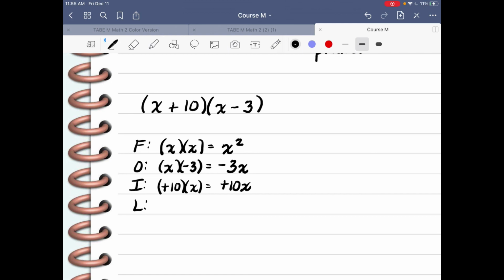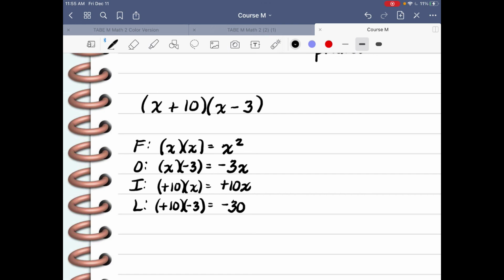And then the last terms, you have 10 and negative 3, plus 10 times negative 3, and you can use your calculator to do those negatives if you need to, but positive 10 times negative 3 is negative 30.